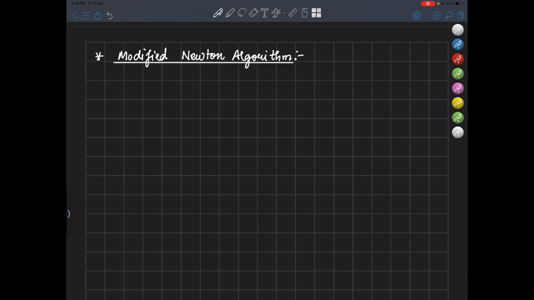Right, so the modified Newton algorithm. First, like in every algorithm, we initialize. We initialize x naught, epsilon, and one more thing, delta, and we set the iterate k equal to 0.